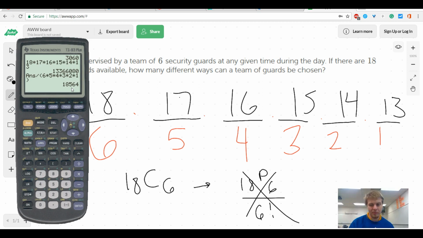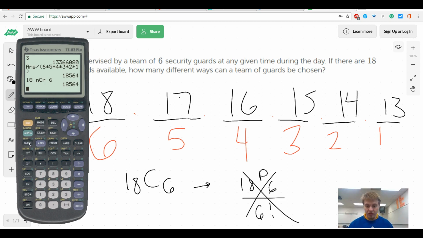And then if we actually put this combination in our calculator by going to math, probability, this, whoops, I guess I would have to do 18 first, then that. We would see that we get the same answer. So this is how we do combinations.